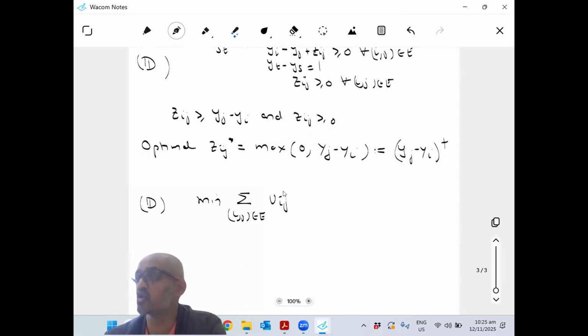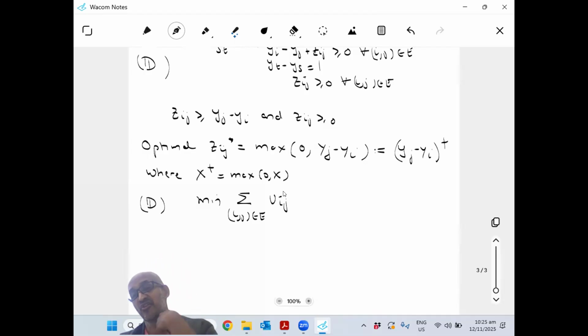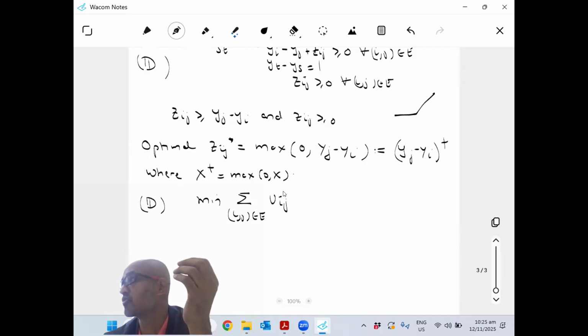I don't know if I've introduced this notation before, where I define a variable like x plus to be the max of 0 comma x. This is a very useful function. In machine learning, this is called the ReLU, the rectified linear unit. It's a function which looks like this.